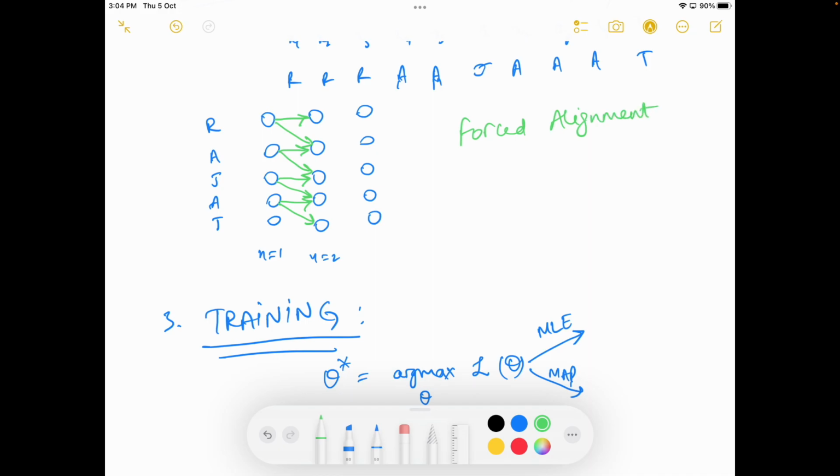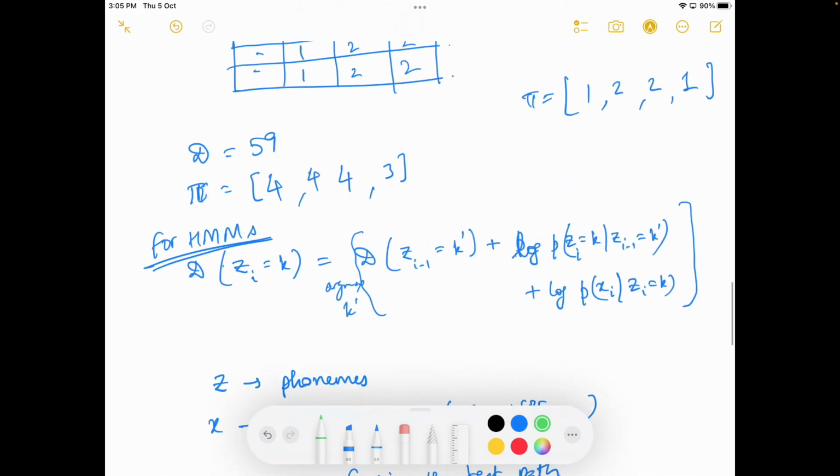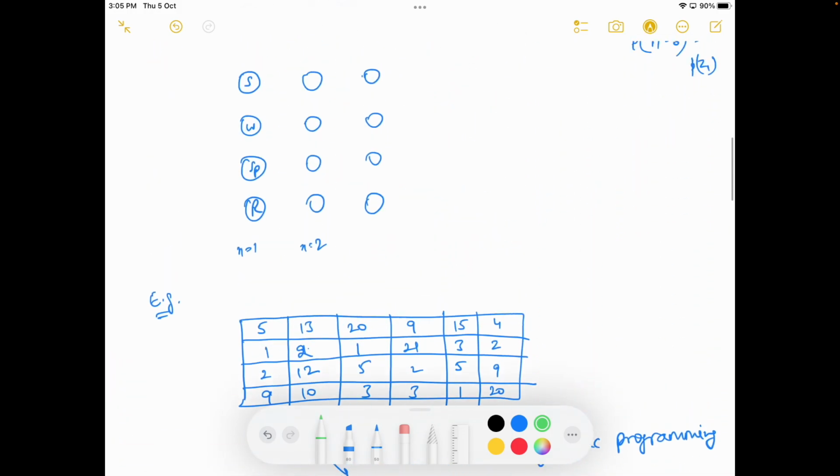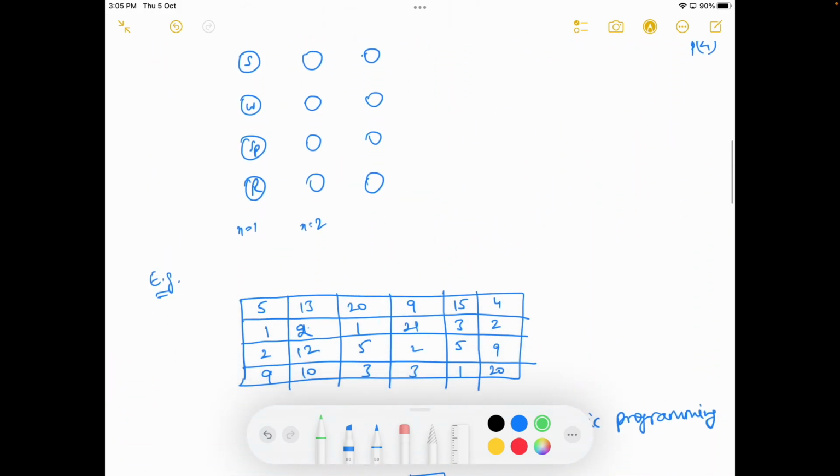Is this clear? Not clear? Okay. So see what decoding was. In decoding, you construct a trellis, where you list down all your possible states and all their possible transitions. This makes the trellis. And then you find the best path in that trellis using Viterbi decoding.